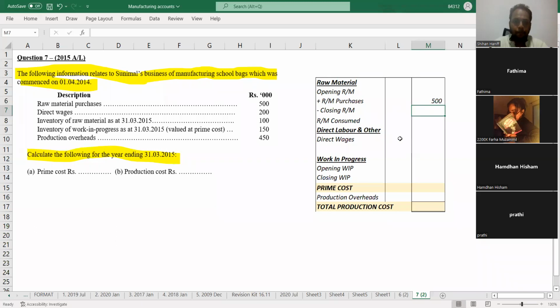Direct bills. Inventory of raw material as of 31st March end, closing raw material, 100.